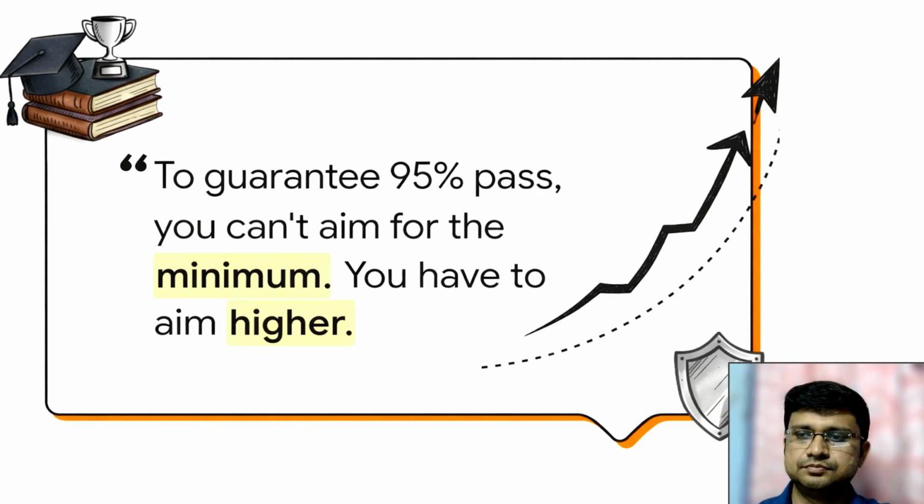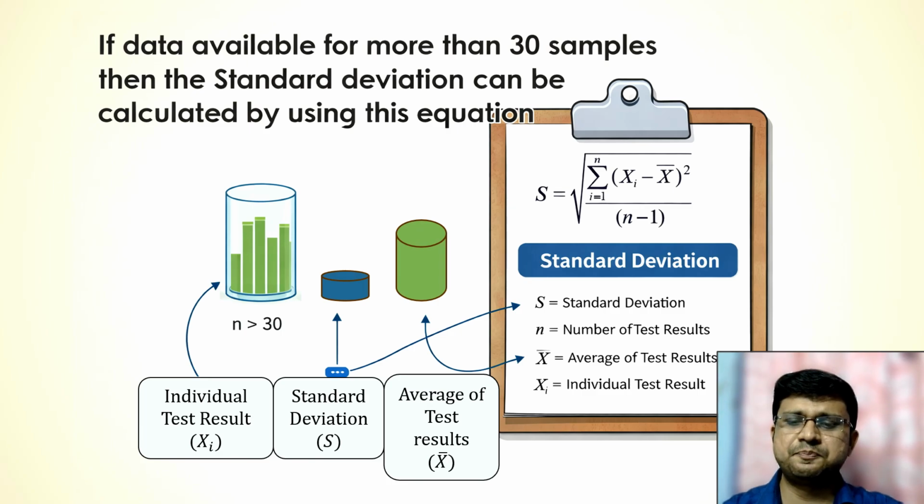So now, if data is available for more than 30 samples, then the standard deviation can be calculated based on this particular equation. Now, what is Xi? Xi is the individual test result, and X bar is the average of the different test results.